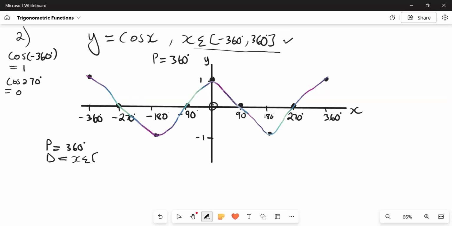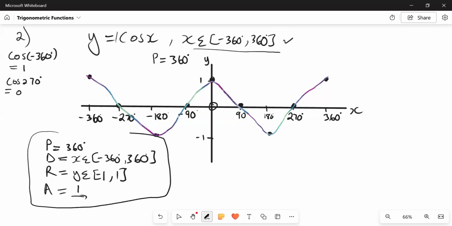X is an element of negative 360 to 360. Now, the range: where do you see your graph in terms of y? From negative 1 to positive 1. Now, the amplitude, A for amplitude, there's 1 there. So your A is equal to 1.